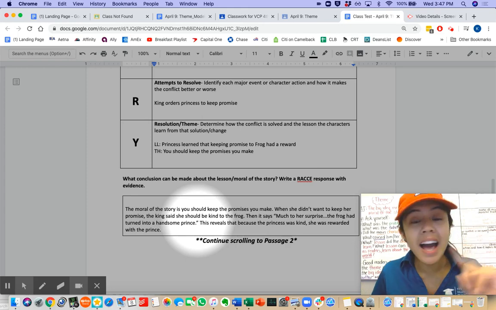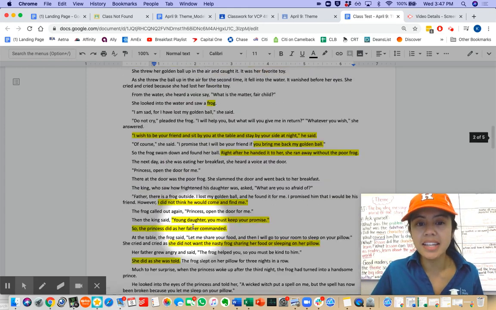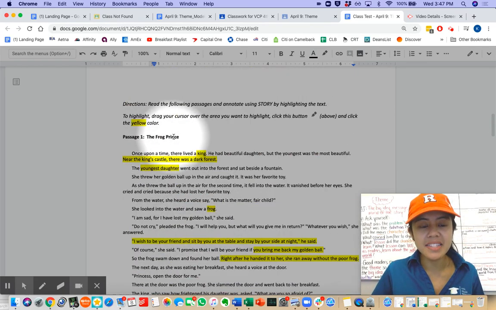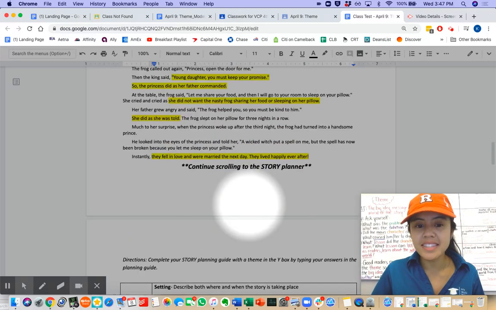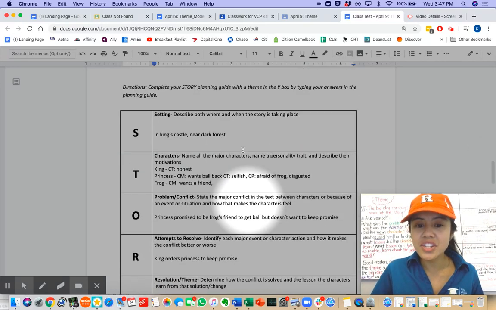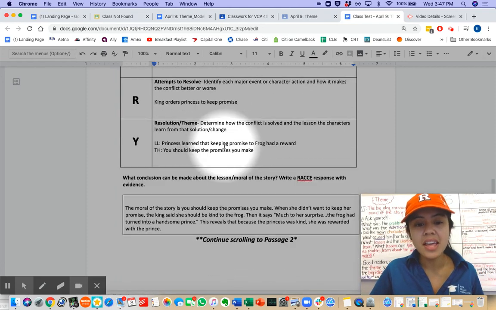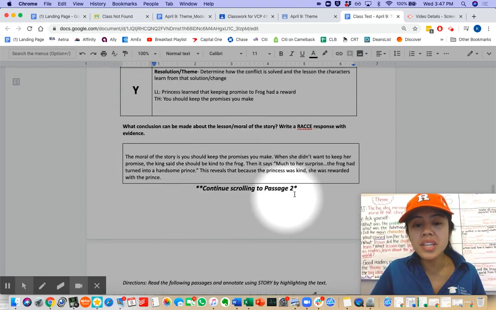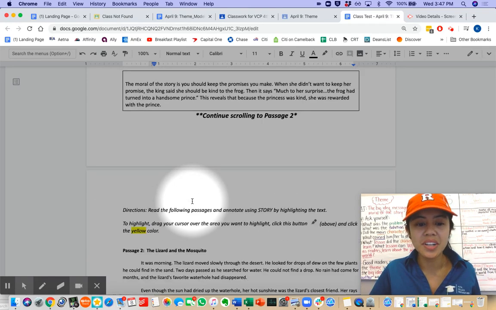We will not have a separate Google form. After you are done annotating passage 1, the Frog Prince, with highlighting your evidence and finishing this STORY planner we did together, then you need to continue scrolling to passage 2.